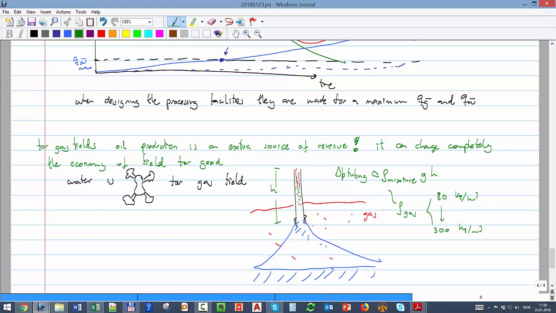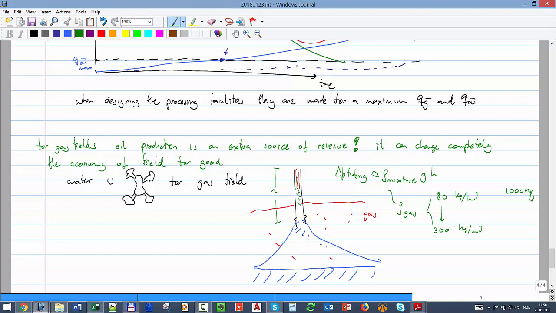But when water comes in, I have a big change, maybe 3 to 10 times, around 1,000 kilograms per cubic meter. That causes a very big pressure drop, the rate gets very, very low, and then the field dies.